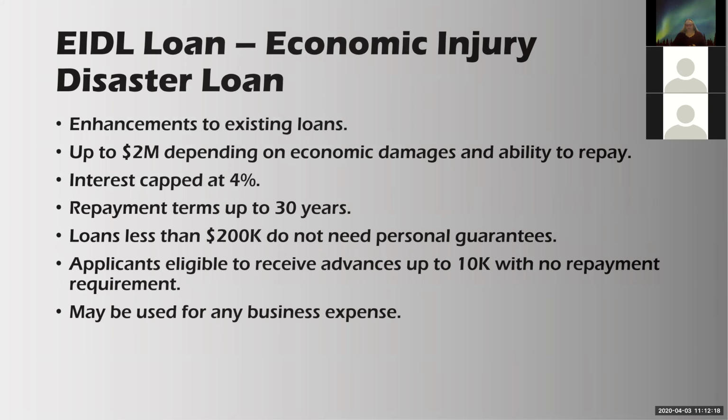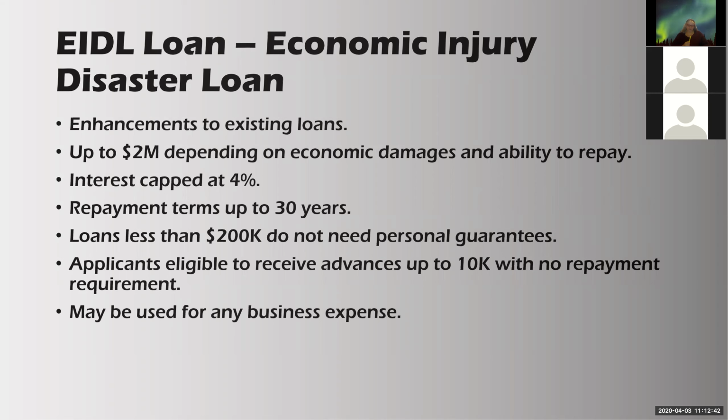The other loan is the economic injury disaster loan. This is the one that most people will qualify for even if you don't have payroll. This one is also an enhancement to some of their existing loans. This is up to $2 million, depending on the economic damages, and it is based on your ability to repay.